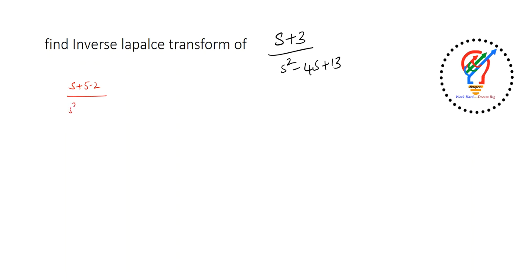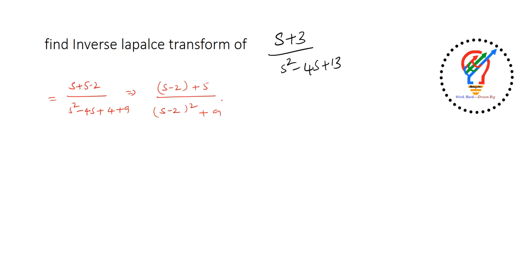After that, s square minus 4s plus 4 plus 9. I can write like that. Okay, so both are same only. Now what I'm going to do is s minus 2 plus 5 divided by s minus 2 whole square. Okay, s square minus 4s plus 4 means s minus 2 whole square plus 9 I can write.